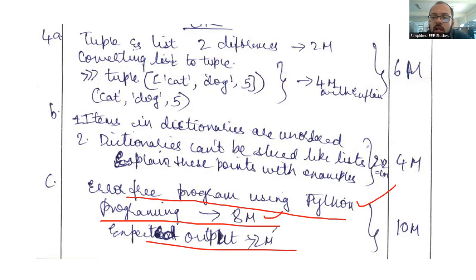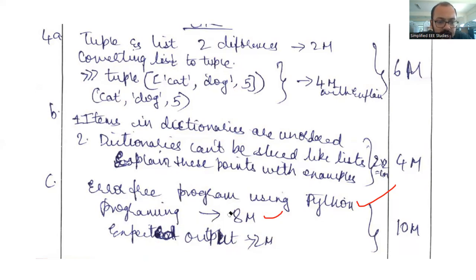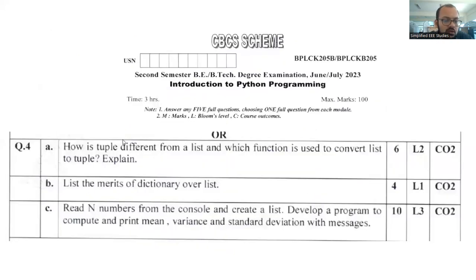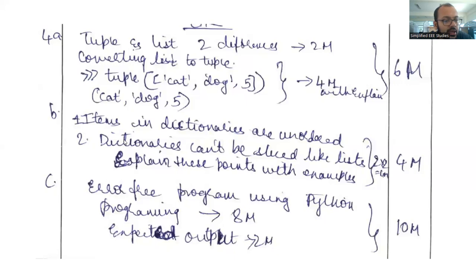If you need the program, do let me know, I am going to share it. I have the program. This is the distribution of the marks. You should know the formula properly, how to use a user defined function, and how to develop the mean, standard deviation, variance, etc. These are statistical methods, central tendencies. The weightage is 10 marks. This is regarding question number 4, A, B, and C.